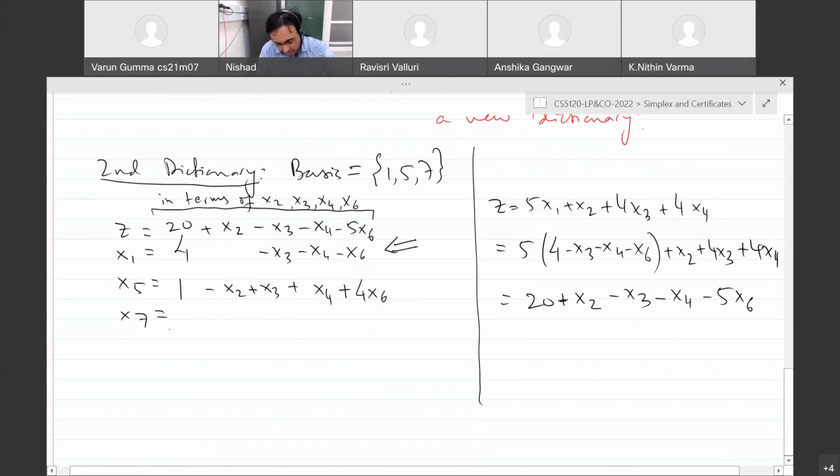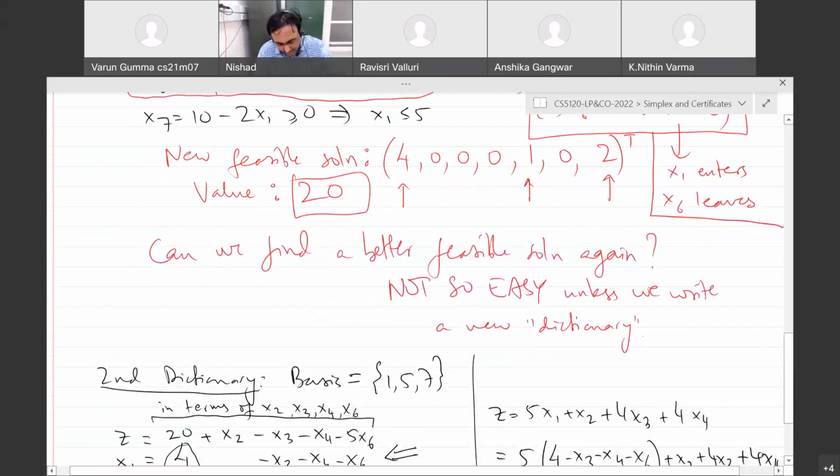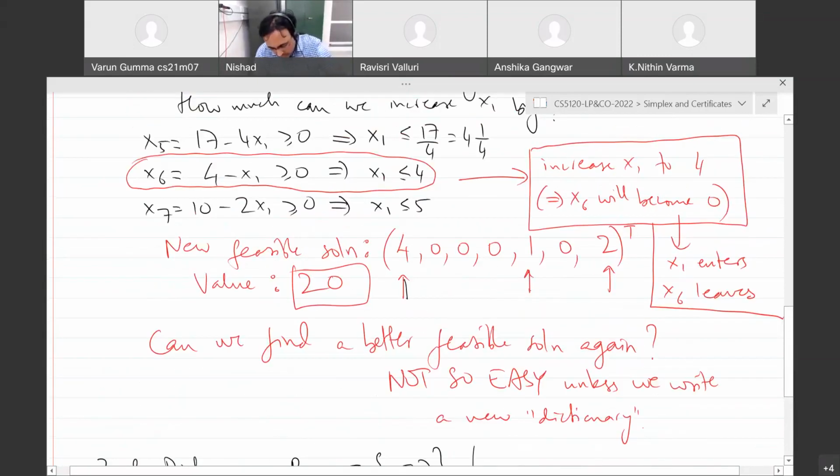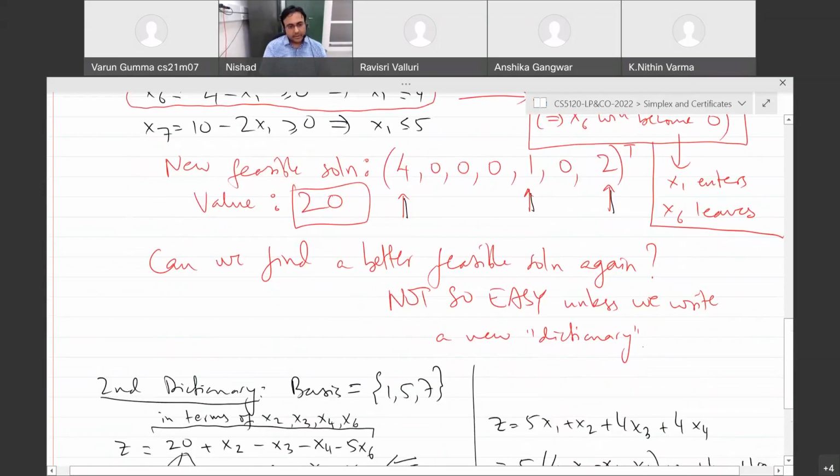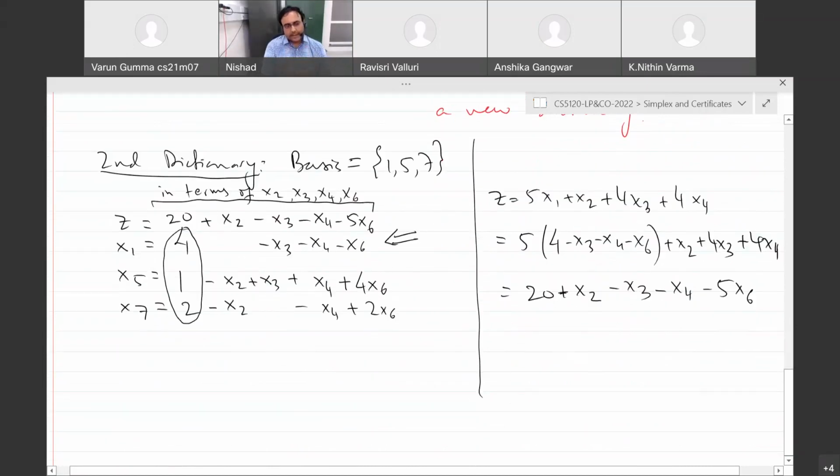And the same thing with x7. It's going to be 2 minus x2 minus x4 plus 2x6. Observe that these three numbers are exactly what we had in these three positions, right? That is not a coincidence. The feasible solution is easily read by looking at the dictionary.